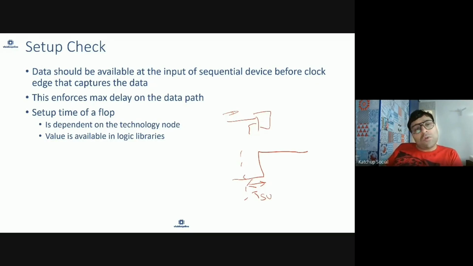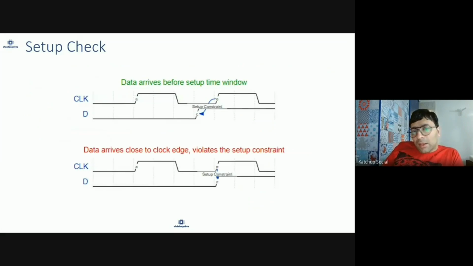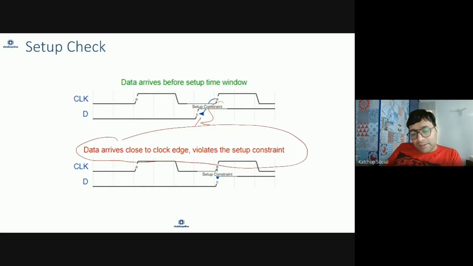If you change, you will not meet setup time, or your design will not function properly. So this check is done by your STA tool, to ensure that your data becomes stable at a certain time, which is known as setup time, before that. And that is what the STA tool will check during its run. So data becomes stable sometime before that. If that happens, it will say, okay, this check passed. But if it does not, it will say, okay, your check fails.